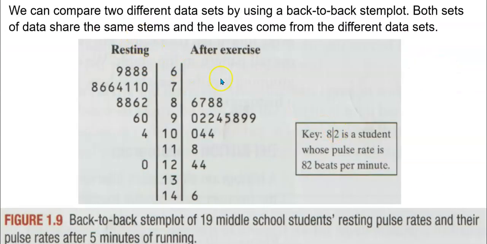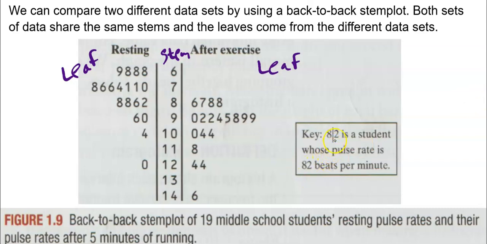Now, sometimes I'll give you two different stem plots, so we can compare two different data sets by using back-to-back stem plots. Both sets of data share the same stems, and the leaves come from our data sets. So the stem is in the middle, and then I have my after exercise leaf and my resting leaf.